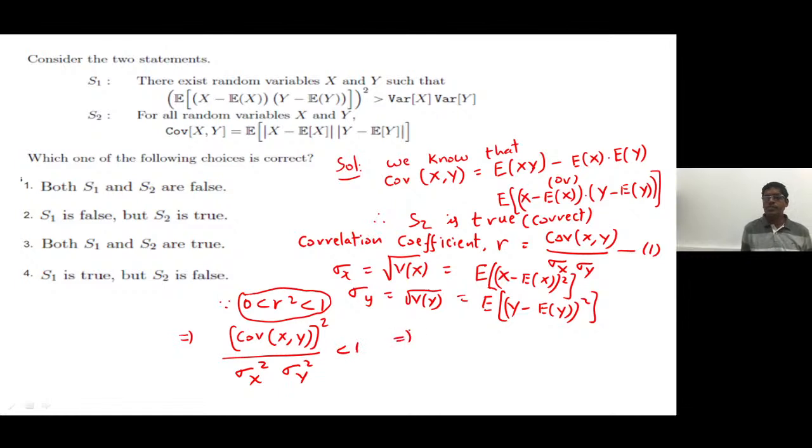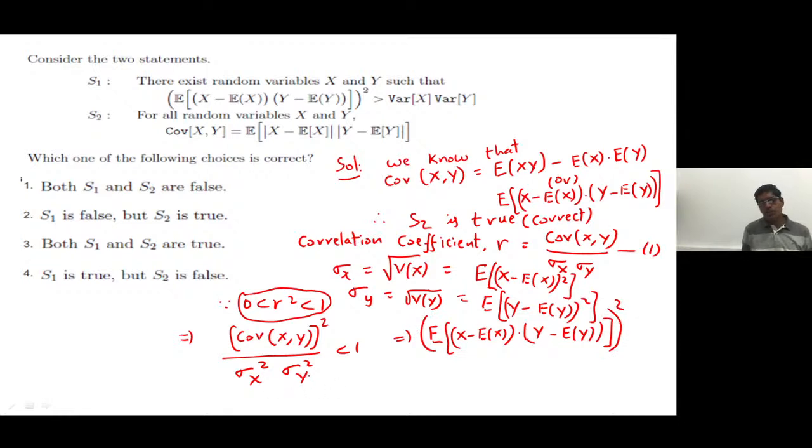So what is covariance of xy whole square? This is E of ((x minus E of x) multiplied by (y minus E of y)) whole square, including expectation.